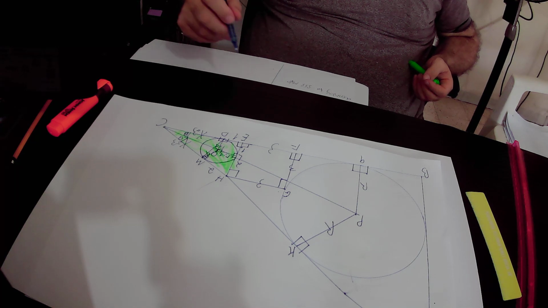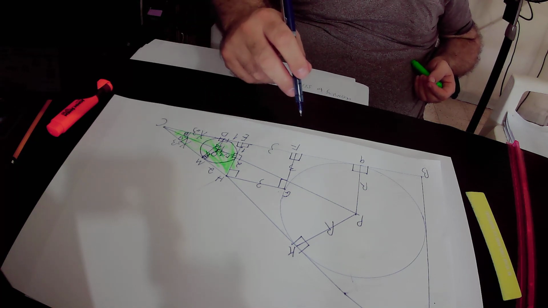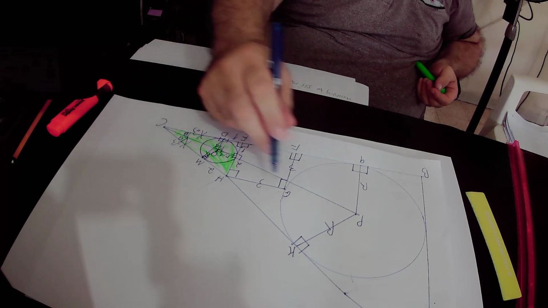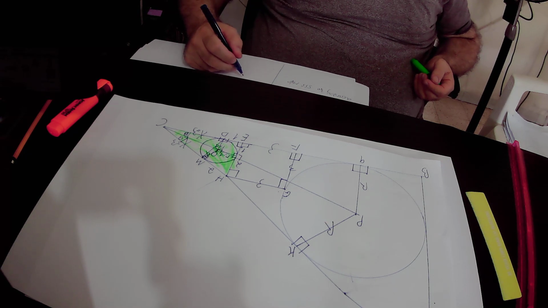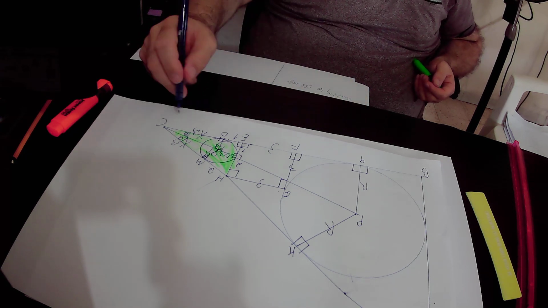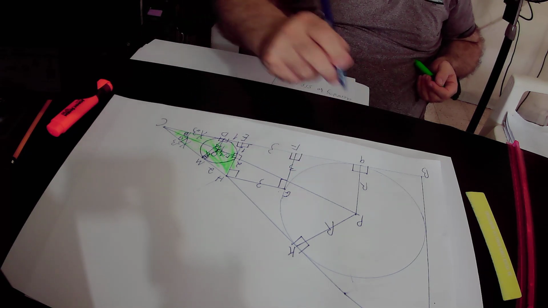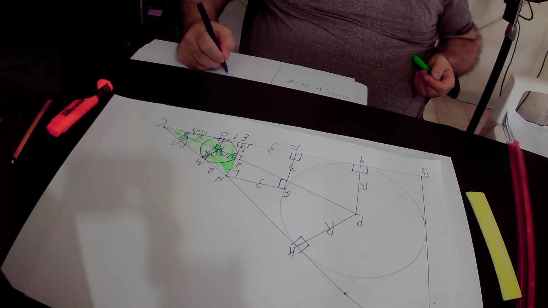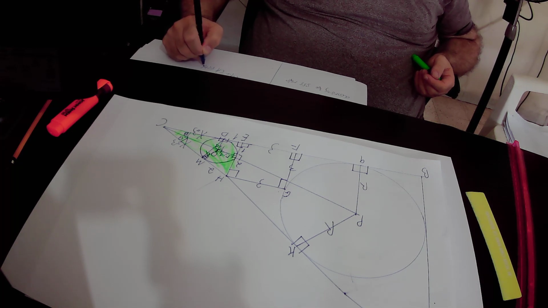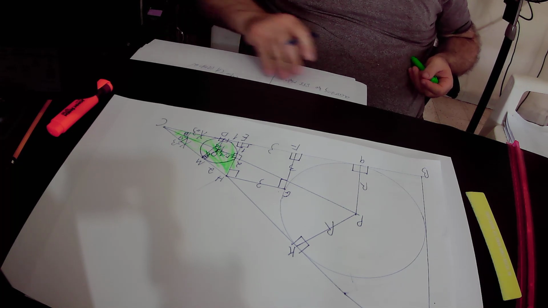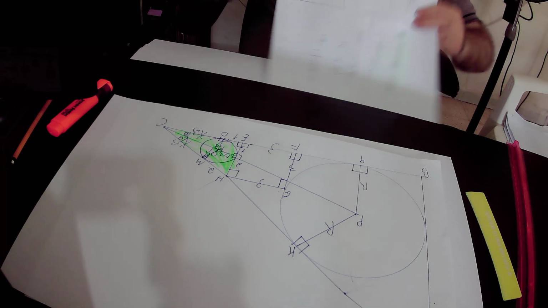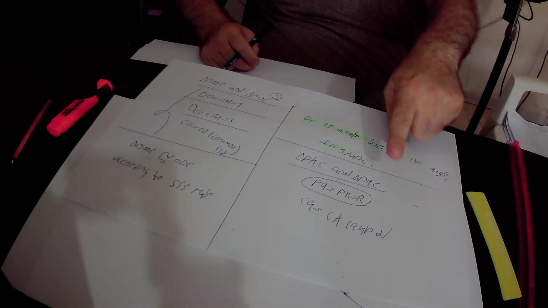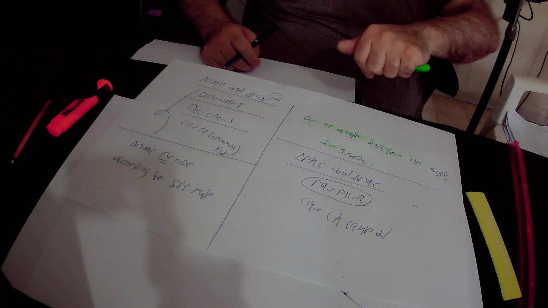So PQ is equal to PK, and CQ is equal to CK according to rule number 2.